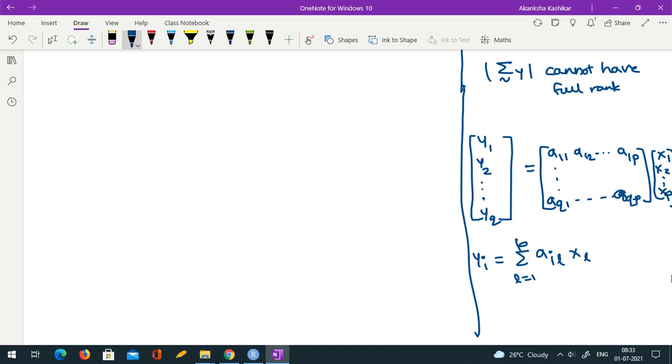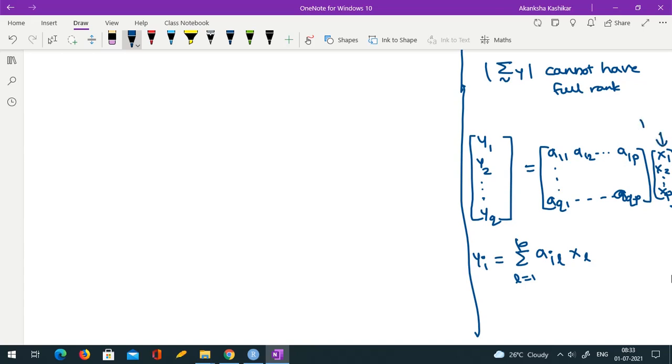Okay? So when I try to have more yi's than the number of xi's that I have, then at least some of these yi's will have zero variance because they will be linear combinations of the remaining yi's. Think in terms of basis. I don't know how comfortable you are with these linear algebra ideas, but let us try.